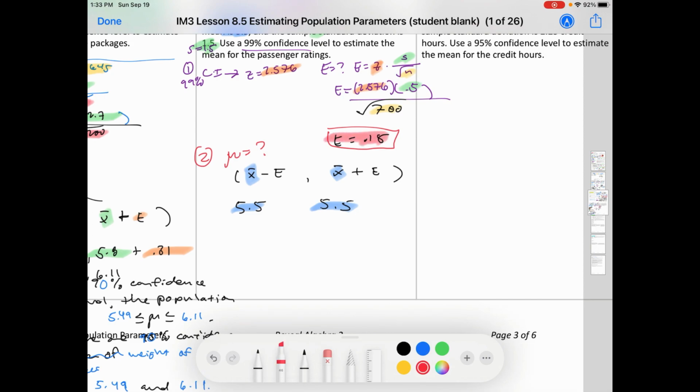E is 0.15. And then when you do that, our two numbers are going to be 5.35 and 5.65.